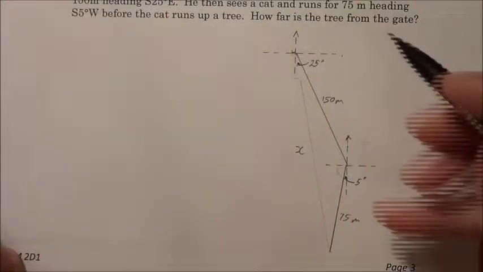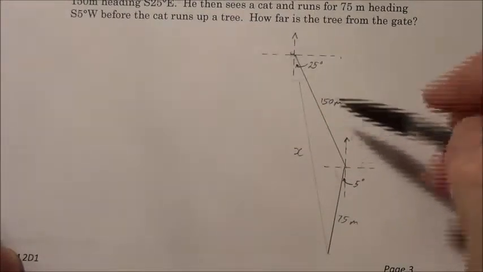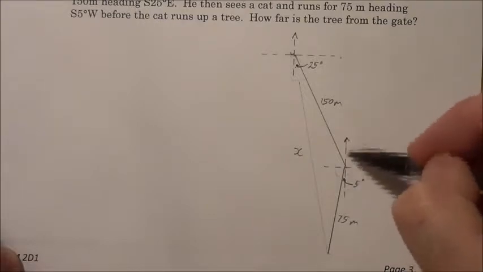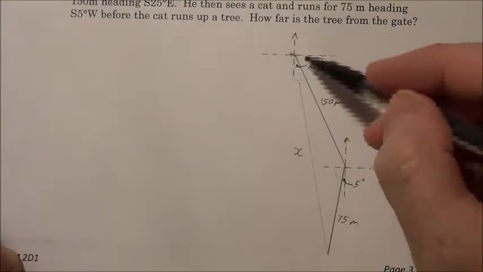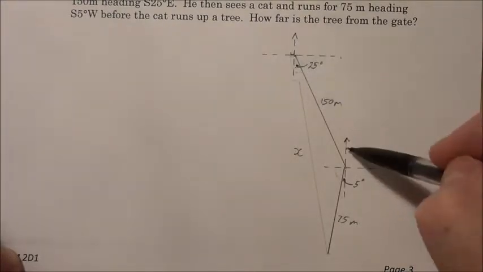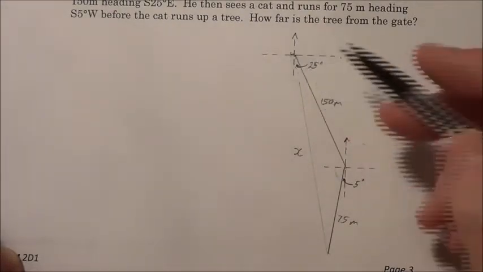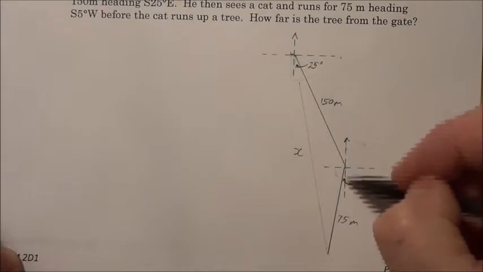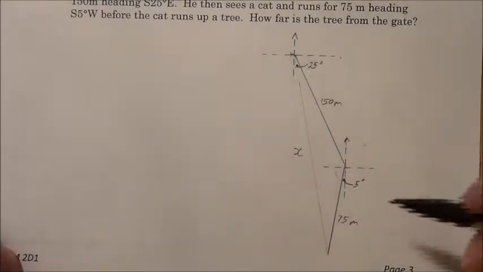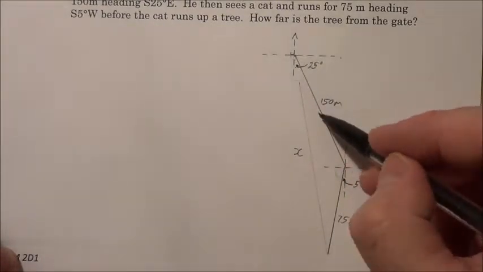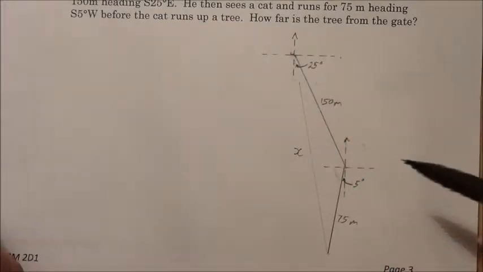But what we can do though, because remember when we were drawing this, I said that this has to be parallel to this here. Well, if we've got this north line and this north line parallel, then we've got two parallel lines and a transversal cutting through both of those.